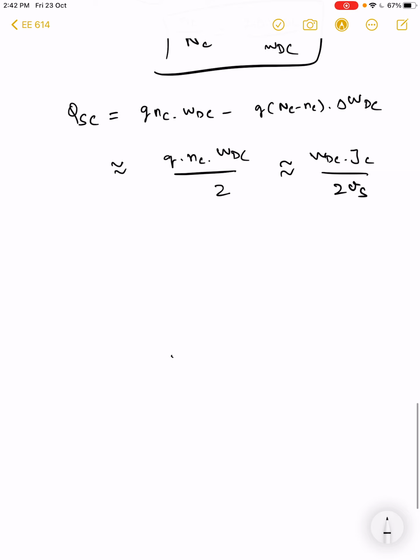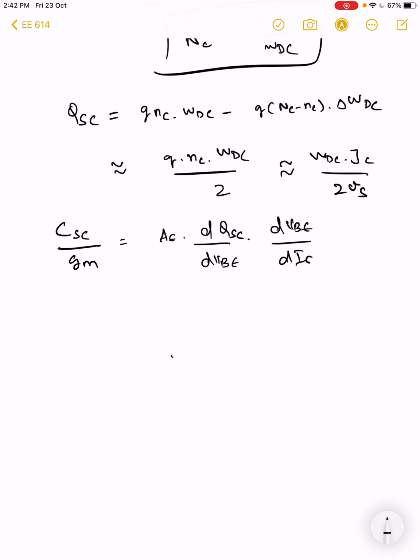So CSC by GM, this is the ratio that you always want. So CSC is the space charge capacitance, which is AE, the emitter area, d by dVBE of QSC, right? And by dIC, right?